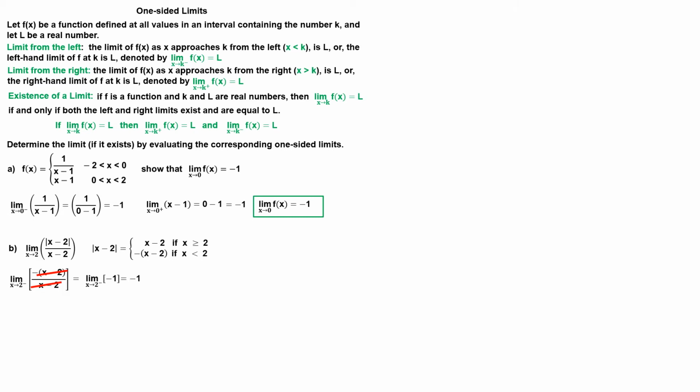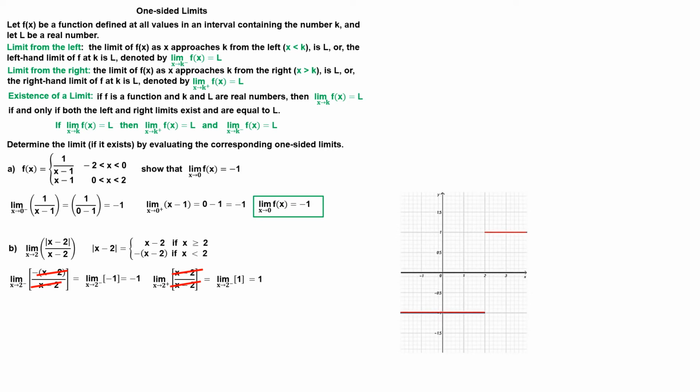As x approaches 2 from the right, f is approaching the value of 1. Since the limit from the left and the limit from the right have different values, the limit of the function does not exist. It is clear by looking at the graph that the left and right-hand limits of f of x as x approaches 2 are not equal. Thus, the limit of the function does not exist.